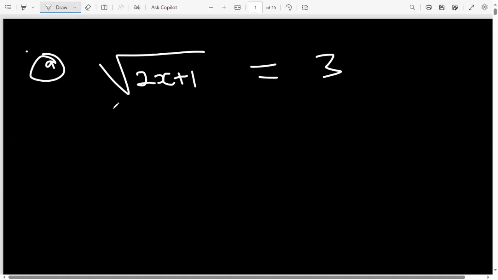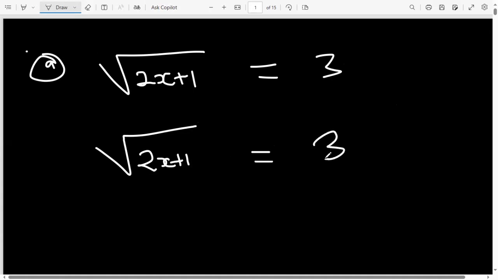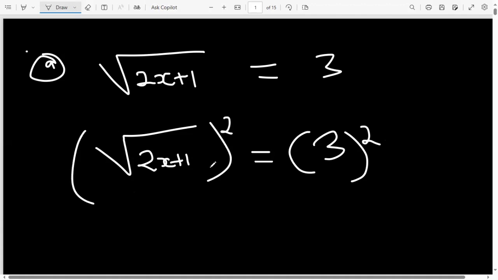So what we are going to do is write this as 2x plus 1 equals 3, and then we introduce a square on both sides. We shall square this side, and then we shall also square this side. See what I've done here. This square, the 2, is going to cancel out the square root.